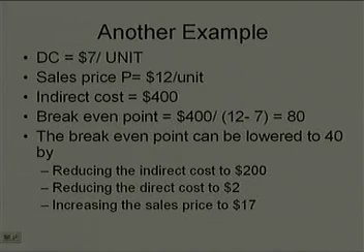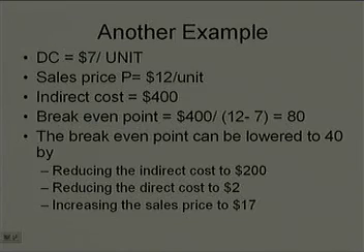Now, there could be other ways of bringing the break even point down. Maybe you can try to reduce the direct cost. From the original $7, if somehow you are able to bring this down to $2 per unit, you will find that your new break even point becomes 40 units.